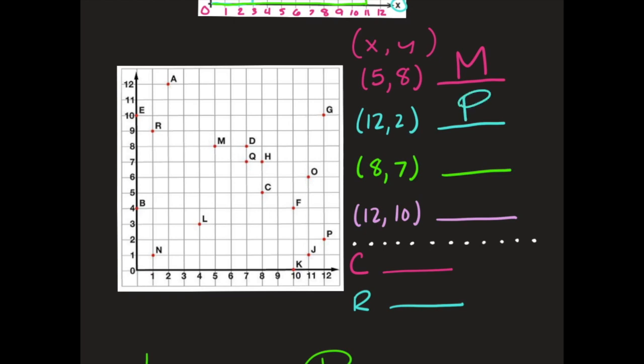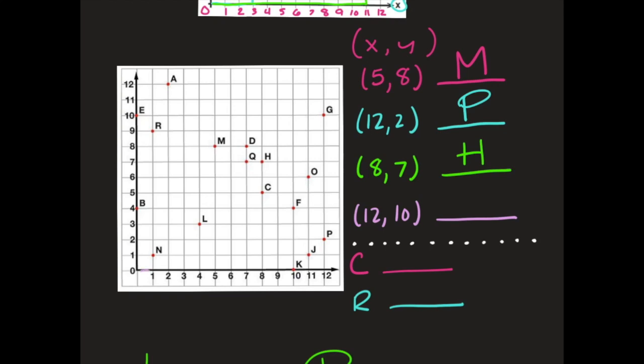All right, so now I'm going to do 8, 7. So I'm going to go all the way over 8 and up to 7 right here, which lands me with letter H. And then 12, 10.